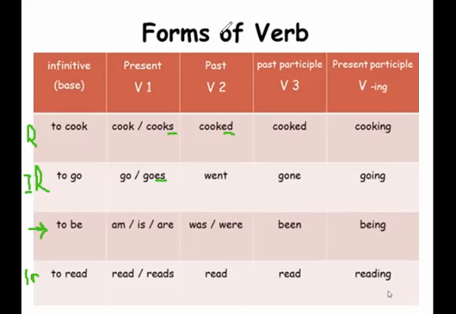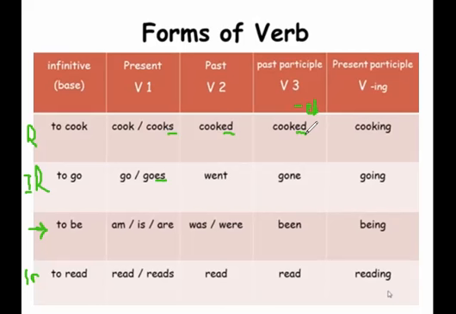Looking at the regular verb, the third form is the past participle. Again, the past participle takes ed in the regular form, so "cook" changes into "cooked". The difference between regular and irregular verbs is that regular verbs simply require the addition of the ed suffix to change into the past and past participle form, whereas irregular verbs change their spelling or their shape.